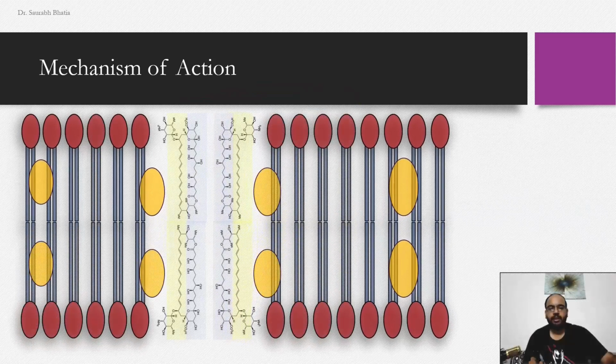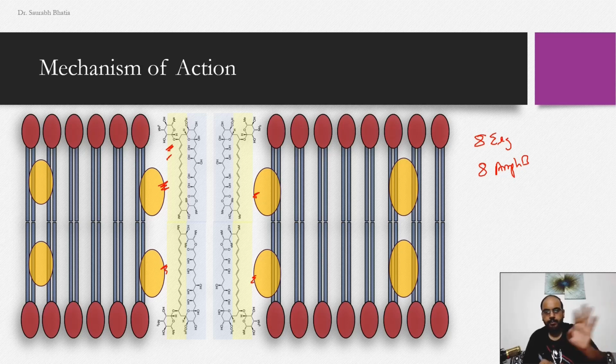So let's translate the same thing into a two-layered structure. So here we can see the lipid-loving part of the amphotericin B stabilized by the ergosterol in the fungal cell membrane. Same thing happens on both sides. 8 ergosterol will stabilize 8 units of amphotericin B, and this amphotericin B, imagine that in a 3D location.